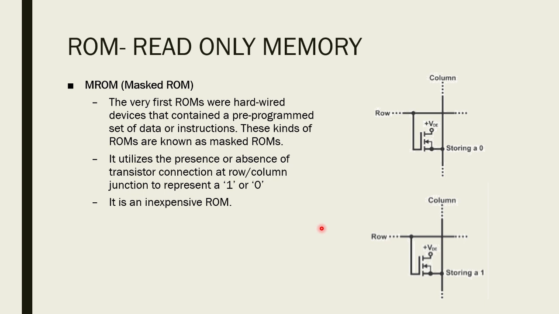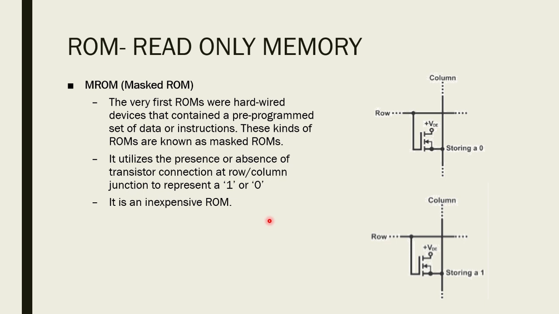MROM, masked ROM. These are the very first ROMs that were hardwired devices that contained a pre-programmed set of data or instructions. These kinds of ROMs are also known as masked ROMs. It utilizes the presence or absence of transistor connection at row or column junction to represent a 1 or 0.